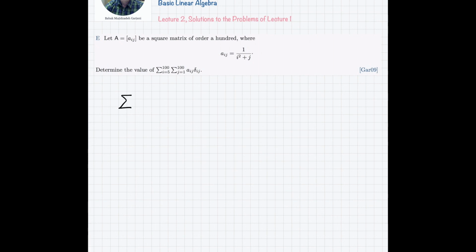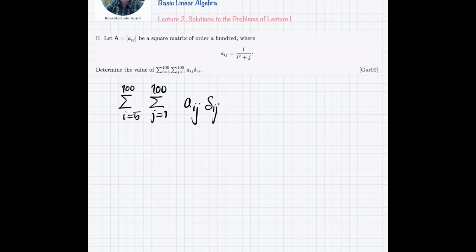So sigma i goes from 5 to 100, and then sigma j goes from 1 to 100, and then I have a_ij delta_ij. So this delta depends on the indices i and j, and this sigma close to this depends on this j. So in principle, it might be possible that I can eliminate these two.